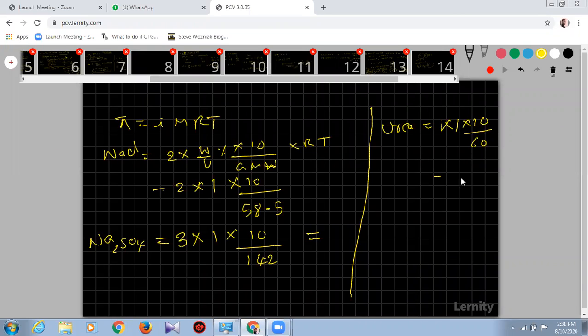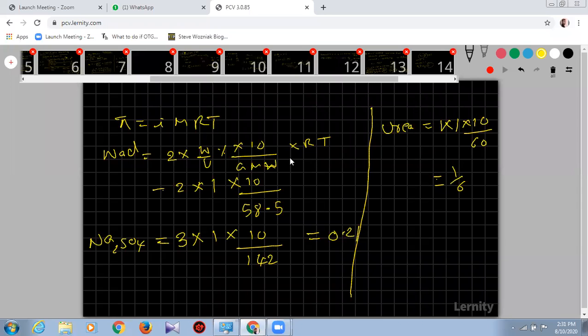That is 1 by 6. Here 30 by 142. How much will come? Here some 0.21 will come.